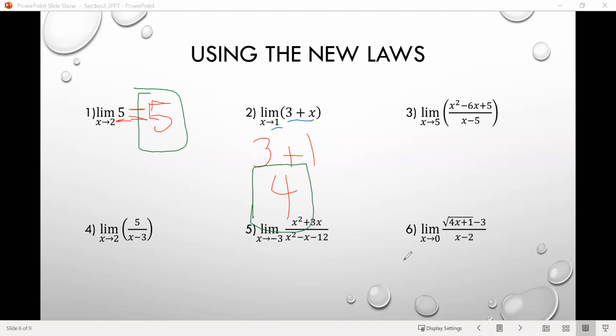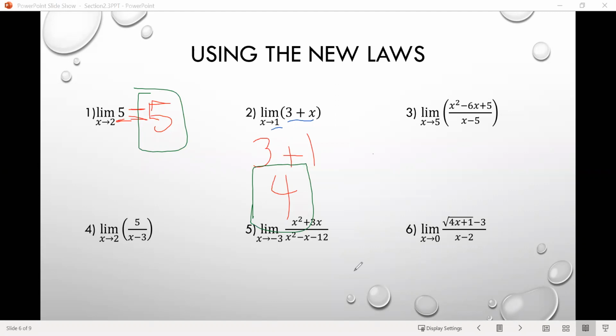Okay. Now let's look at this third one. In this third one, we have a function being divided by another function. And we could break this apart that way and then try to do some sort of direct substitution, since the value 5 is in the domain of both functions.